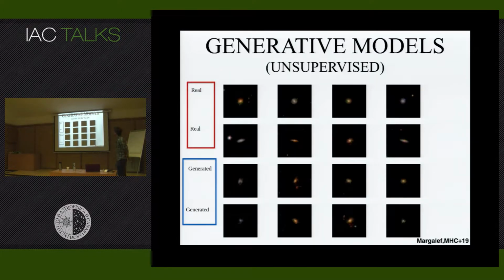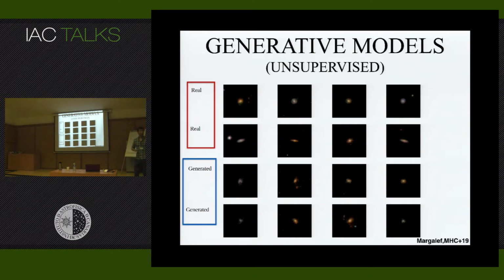Also, there are very specific things to deep learning that are extremely powerful, and I will talk about this during the last days, probably: generating data. For example, these are real SDSS images of galaxies, and these are galaxies which are fake, but generated by the network.